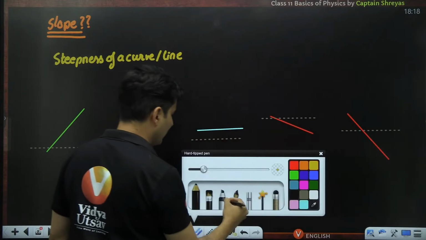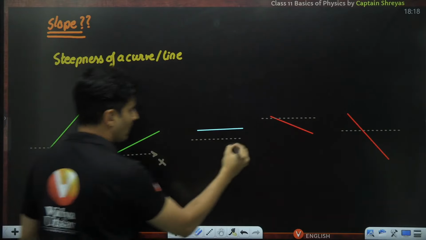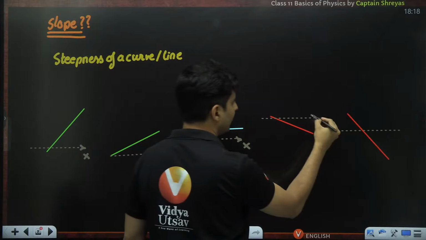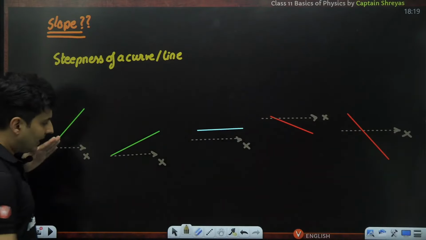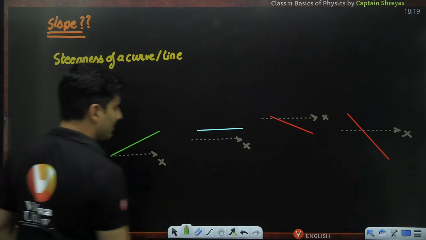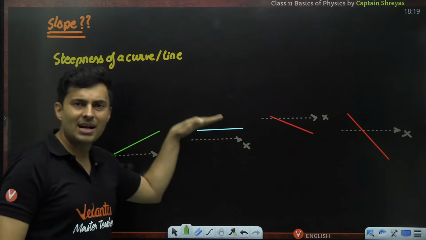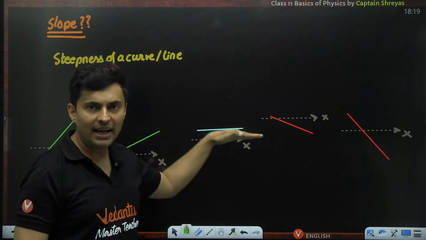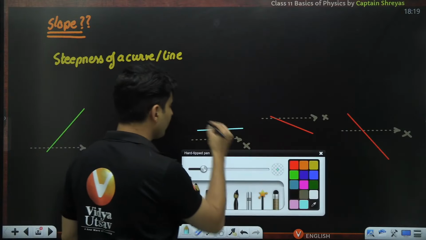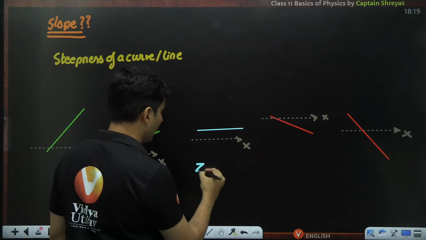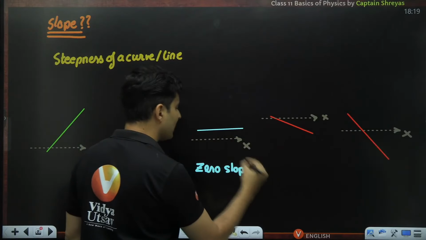Whatever that gray dotted line is, that is our x-axis, or horizontal axis. When a line or a curve is going upwards, it is said to have positive slope. When the line is neither going up nor going down, just running flat along the horizontal axis, it is said to have zero slope. So this line over here has a zero slope. It's neither going up nor going down, so the steepness is zero.